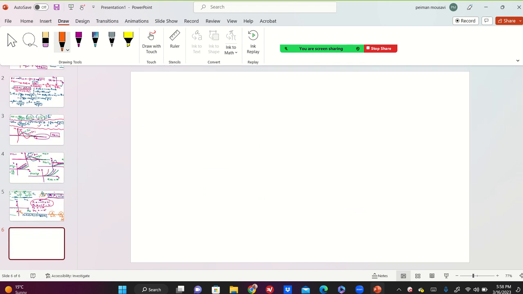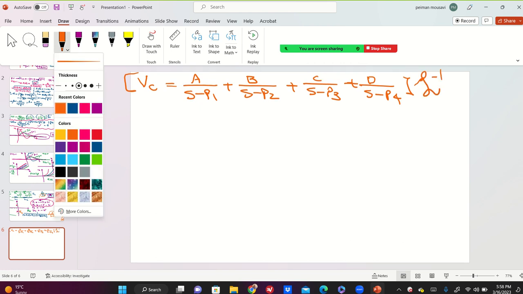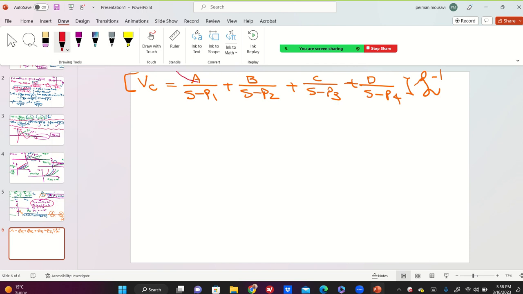Okay, so your VC was A over S minus P1 plus B over S minus P2 plus C over S minus P3 plus D over S minus P4. I want to find the time series of the voltage of the capacitor. Laplace inverse. Now any of you tell me what function gives you such a Laplace transform?